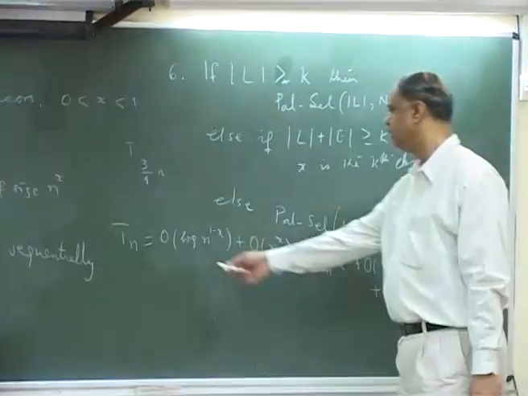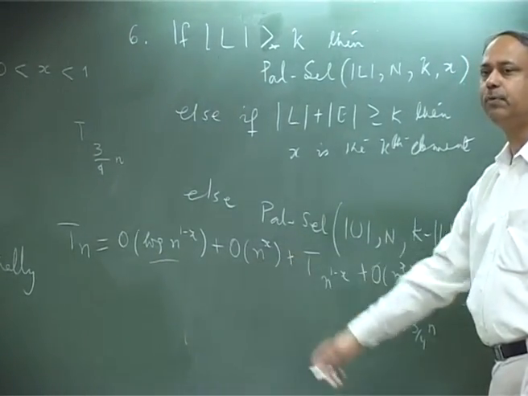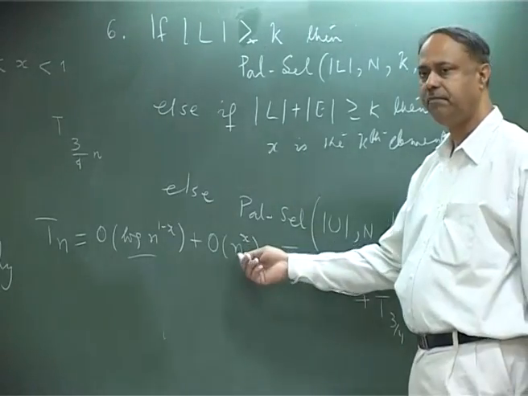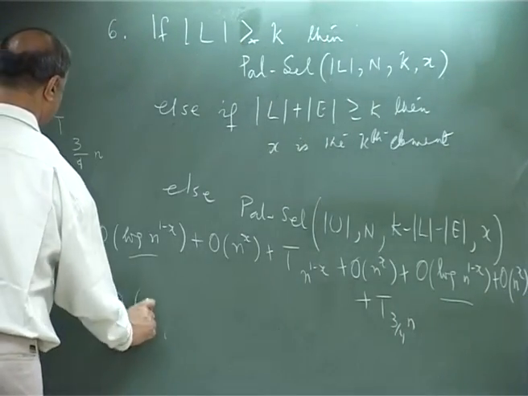So these are smaller than this n to the power x. So this is the primary one. So this will become order n to the power x.